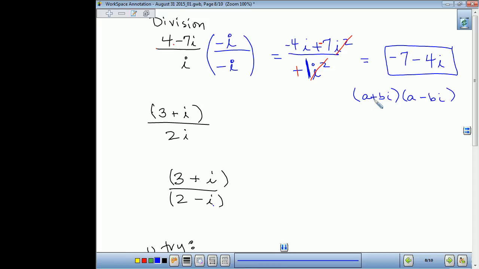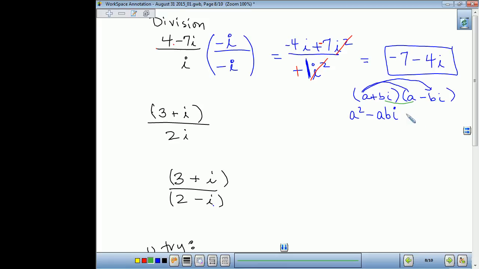So when I take any complex number and multiply it by its conjugate, I'm going to go slow. A times a is a squared. A times negative bi is negative abi, which would be awfully confusing except for what's about to happen.